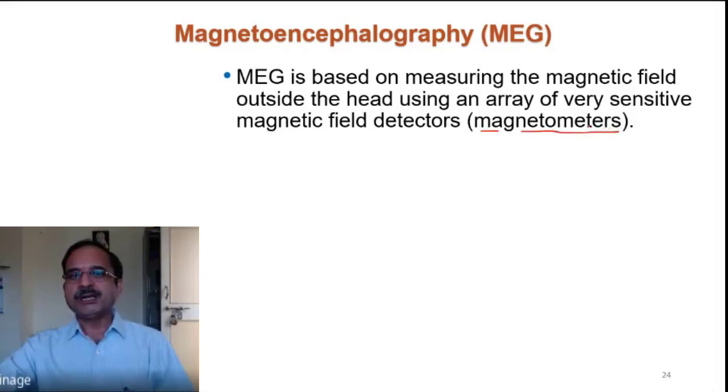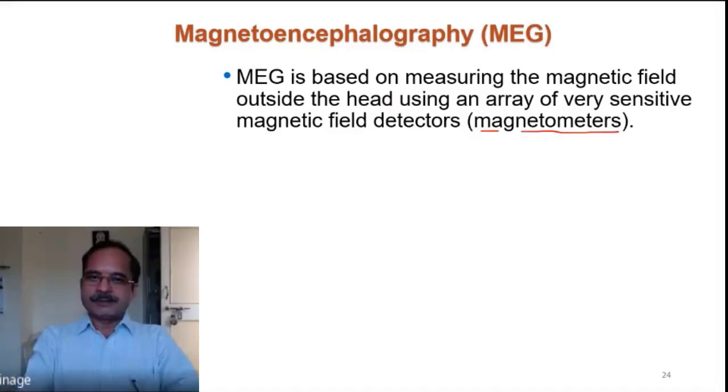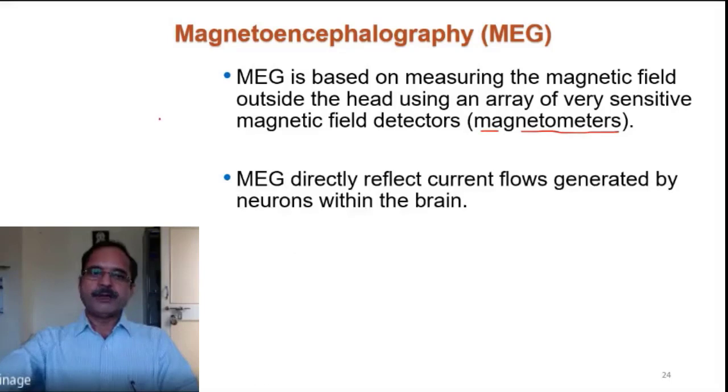So MEG is about measuring the magnetic field produced by our brain. This magnetic field is usually very weak. MEG reflects the current flows generated by neurons within the brain.